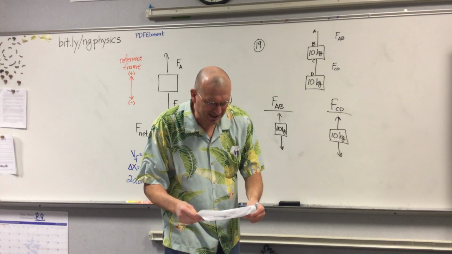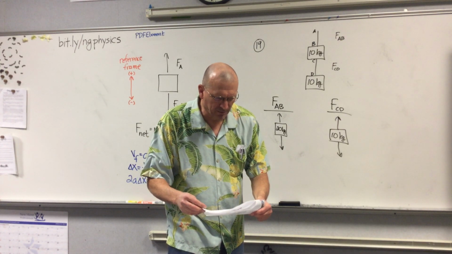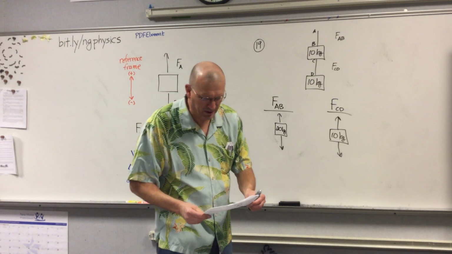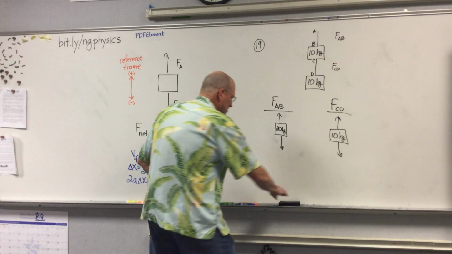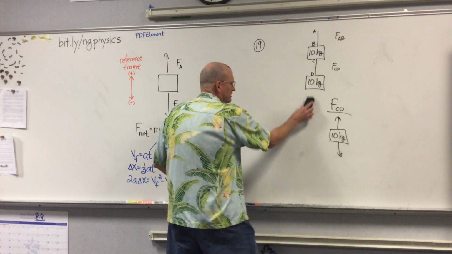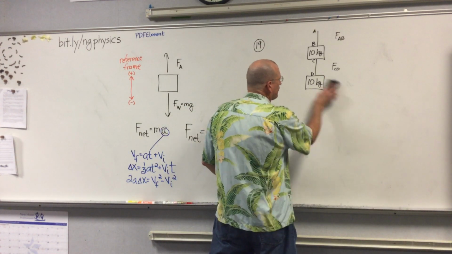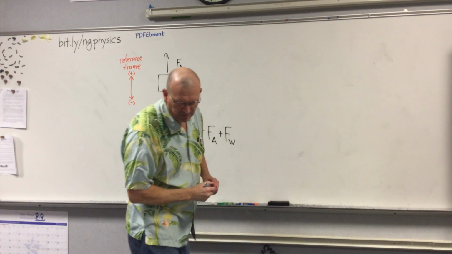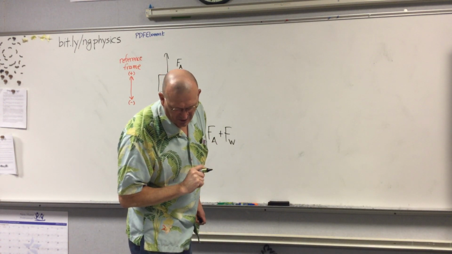Now the last problem that I'm going to give you a hint on, and this one's going to be real quick here, because I just have to identify a particular force that you're looking for, is problem number 75.